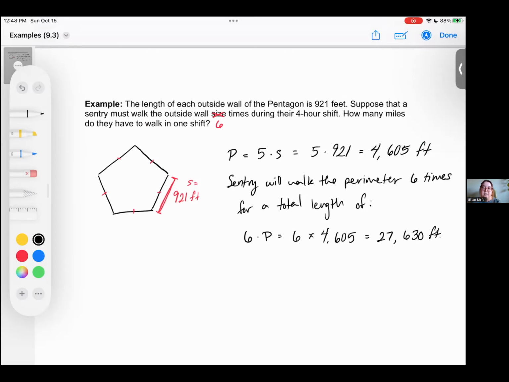So the sentry in this case is walking a total length of 27,630 feet.